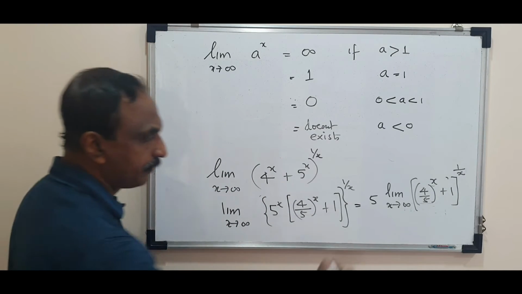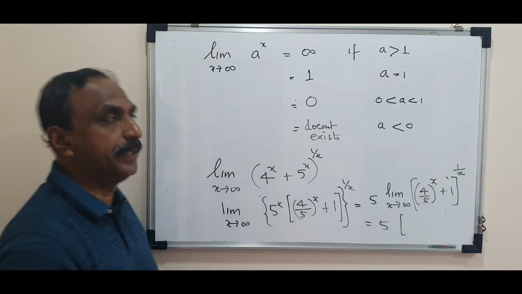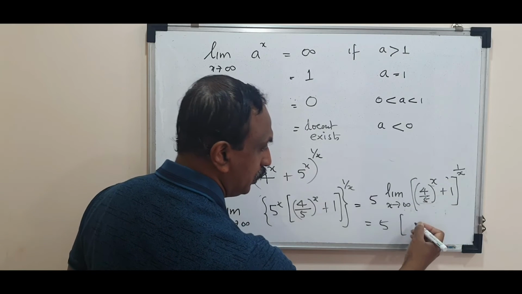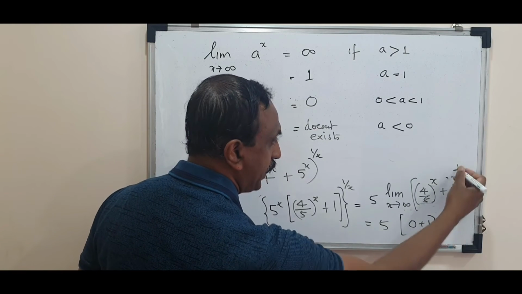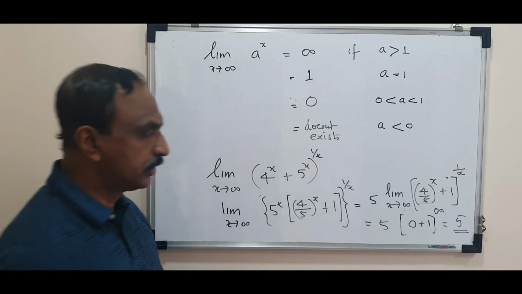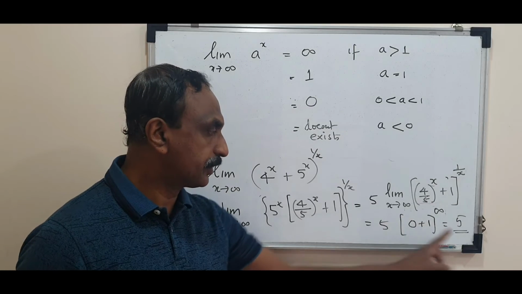Now 4 by 5 is a number between 0 and 1, therefore this will become 0, this will become 1, and this will become infinity. Because 1 to the power infinity is 1, your answer will be 5.